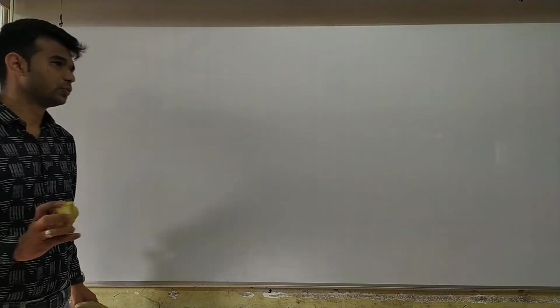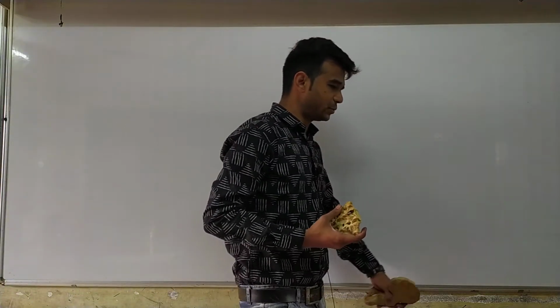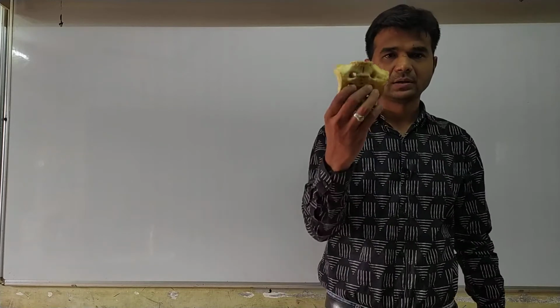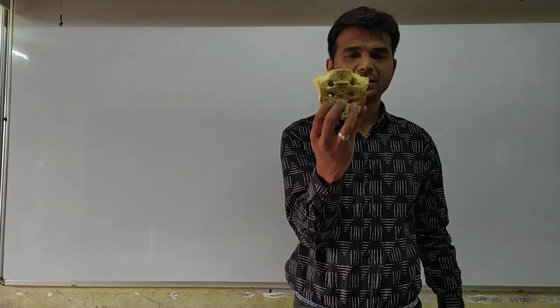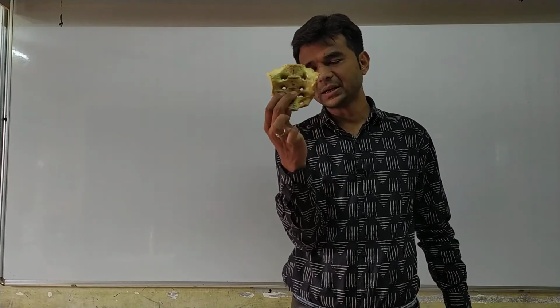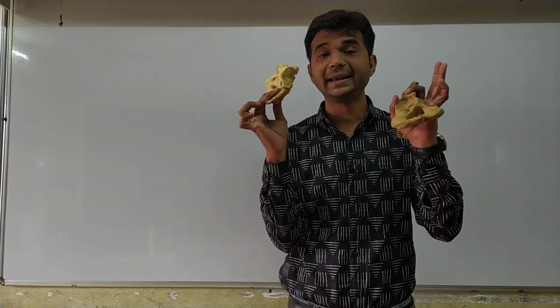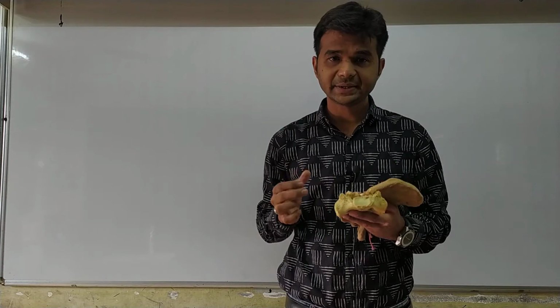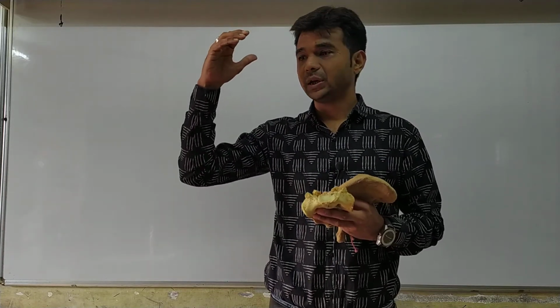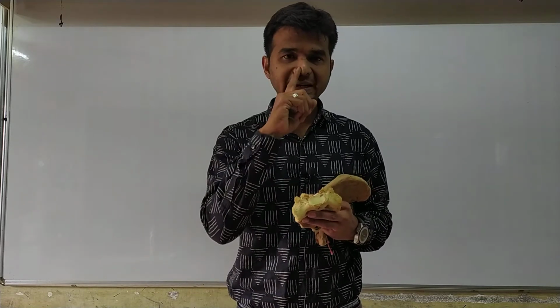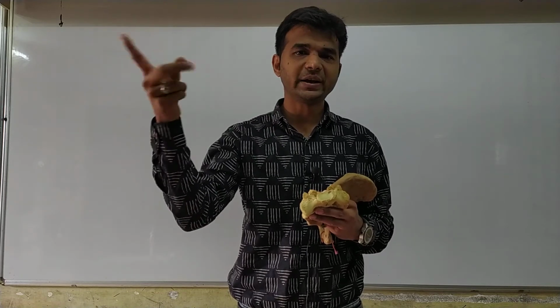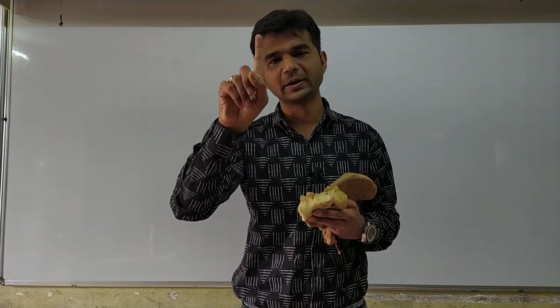Now, this is the most important bone, sacrum. Here this sacrum is fused with 9 bones. You know that 5 sacral vertebrae are joined together and form 1 sacral bone.